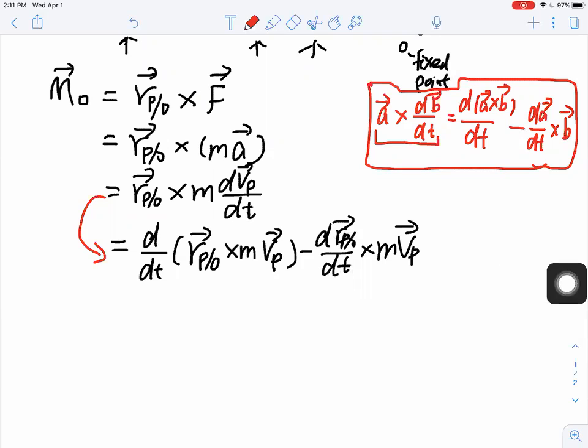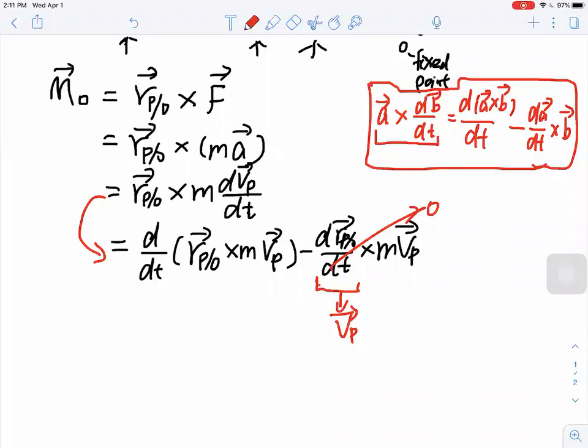It will give you velocity. So you realize that is actually the velocity of particle P. So what you end up with here is v_P cross m v_P. m here is a constant, so pretty much this is v_P cross product with itself. And if something is crossed with itself, the product is 0. So this whole second term goes to 0.